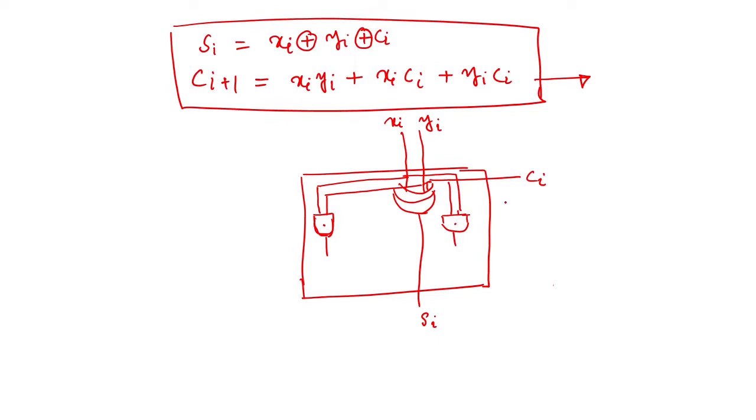This is 1, this is x I C I, this is x I y I, and then y I C I. So, you can have the circuit here. So, C I y I: you take y I and then you take C I. This will give you y I C I.